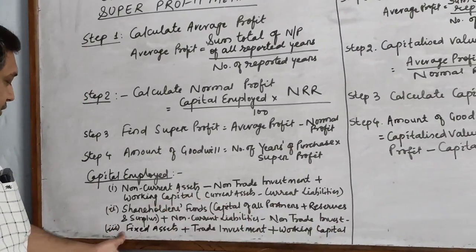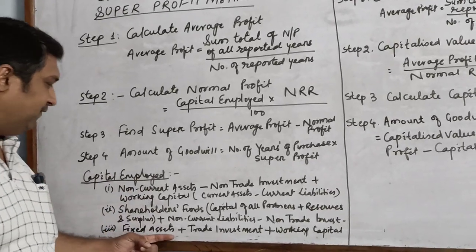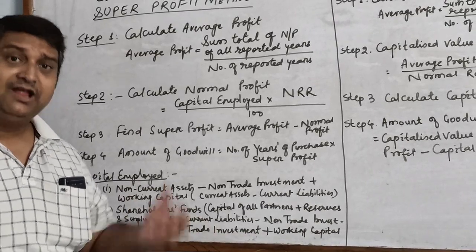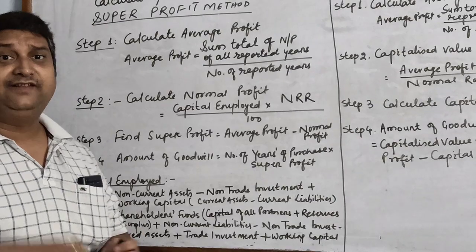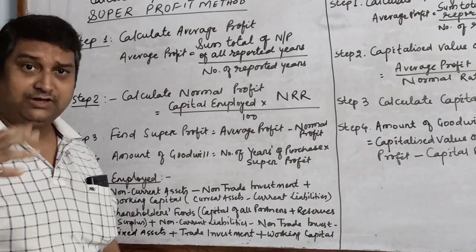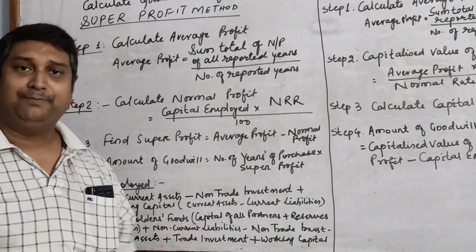The third formula you can use is the other way, that is fixed assets plus trade investment. What is a trade investment? A trade investment is an investment made within the organization, like the money invested in buying raw materials and stock, plus working capital.